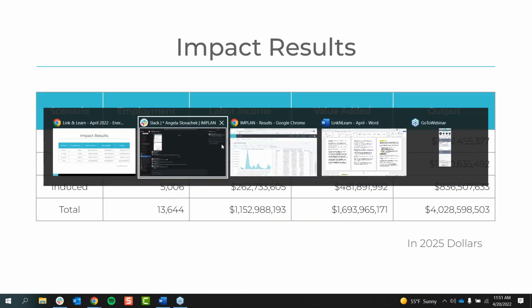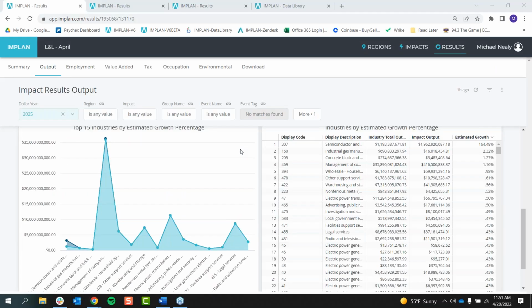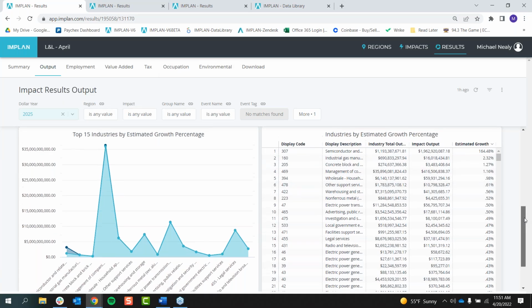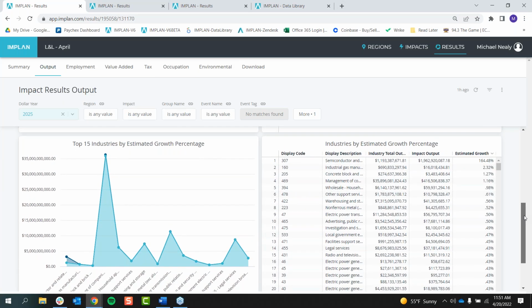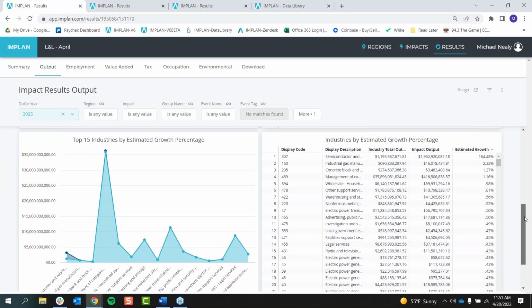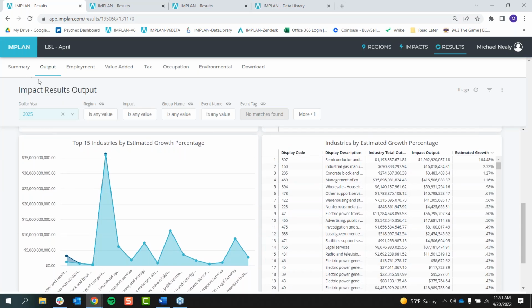So digging a little bit deeper into our results within the IMPLAN application itself, we can see which industries would grow the most given our new manufacturing production within our output tab in the results. Looking first at this industries by estimated growth percentage table, we can see our top 5 industries by estimated growth percentage.